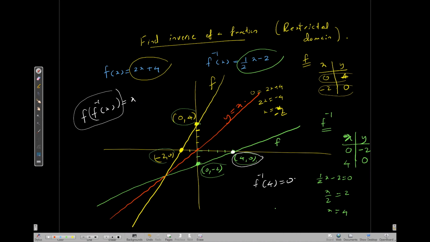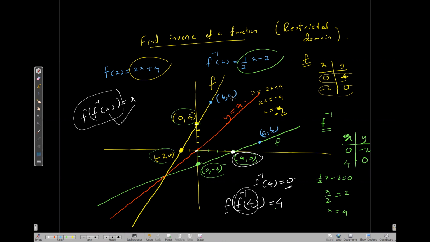And if you check f of f inverse of 4, that's going to be 4, because x and x. f inverse of 4 is 0, and f of 0 is right here, 4. So that will always happen. In particular, if you take a general point (a, b), the corresponding reflected point somewhere here is going to be (b, a). That will always happen because it's symmetric.